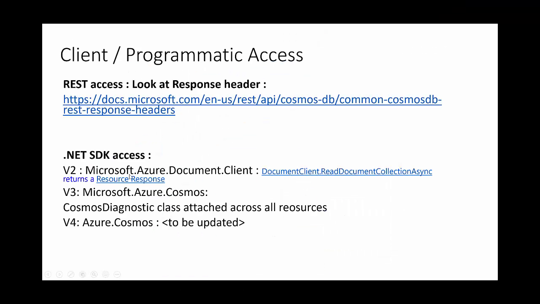From .NET version 2 to version 3, we went through some sort of an ideological change in the way we performed and organized our SDK. The NuGet package, of course, is Microsoft.Azure.Cosmos, but what is interesting here is we have one common CosmosDiagnostics class. And this CosmosDiagnostics class can attach itself to various operations of various kinds of resources.